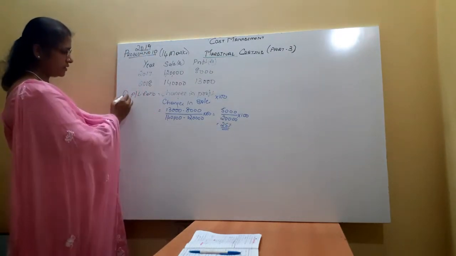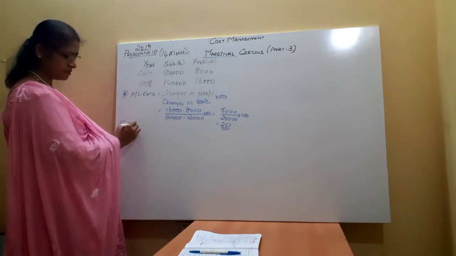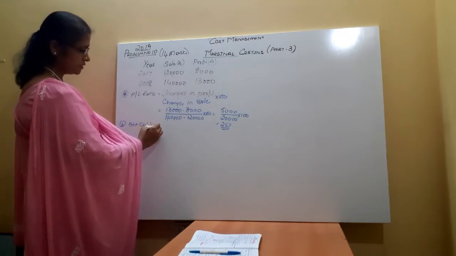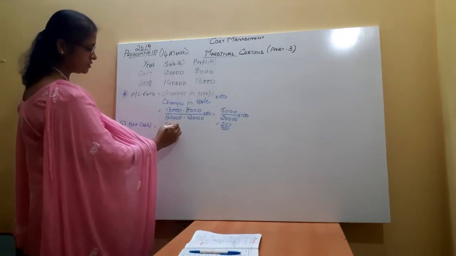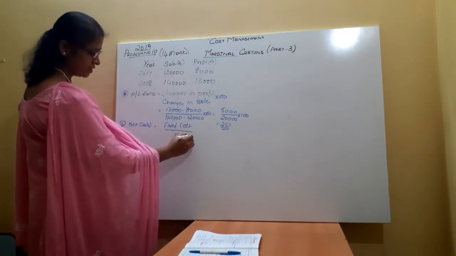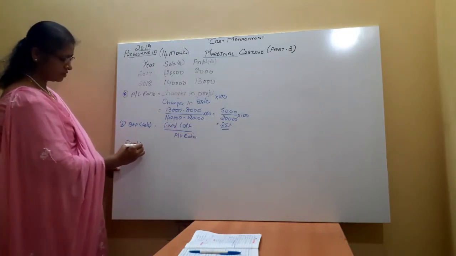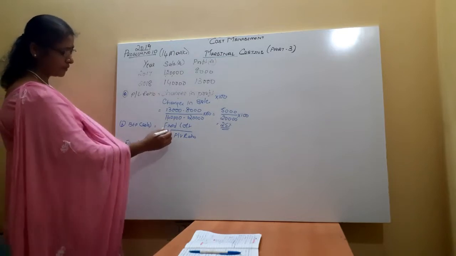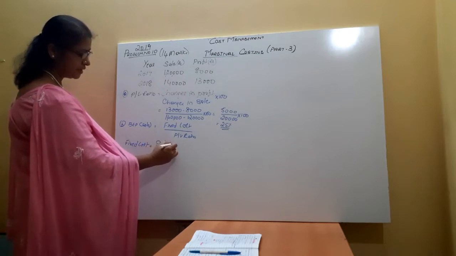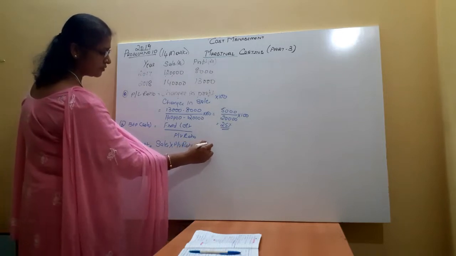Okay. The second thing, that is A, they've asked you to find PV ratio. B, they've asked you to find the BEP in sales. Okay. So for BEP in sales, we need the fixed cost divided by the PV ratio. The fixed cost is not given. So whenever we have to calculate the fixed cost, we need to use this formula, that is sales into PV ratio minus profit.